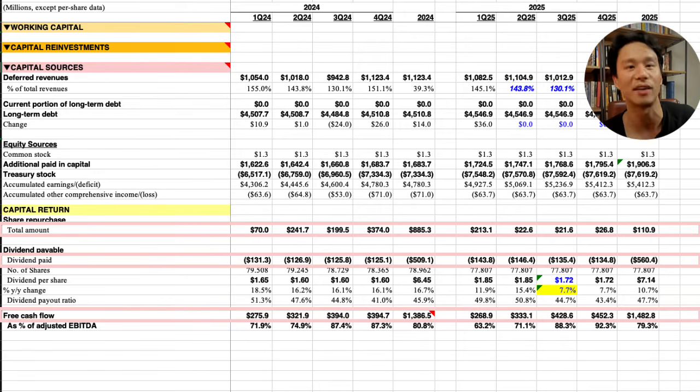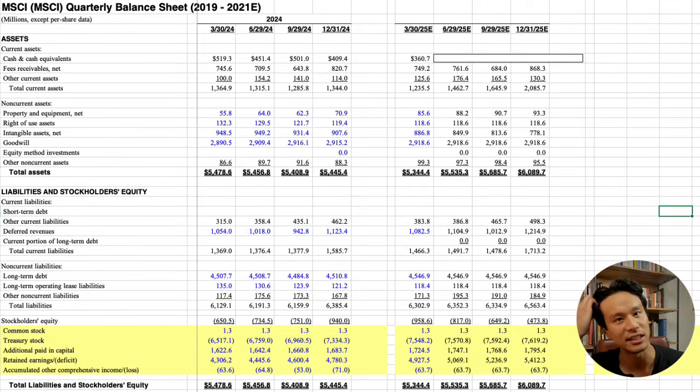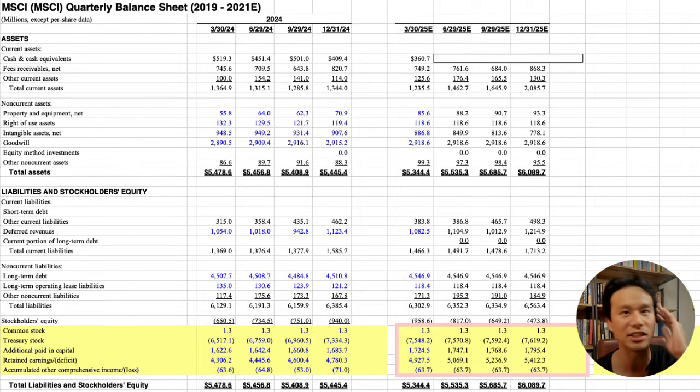They're giving back a lot of capital. You're going to see why that matters shortly. But to sum up, we've now forecasted the equity side of the business on the balance sheet. You can see we've forecasted all the different lines in the statement of equity. And so now our balance sheet is fully modeled with all the different capital flows.